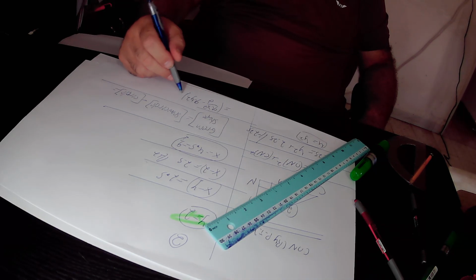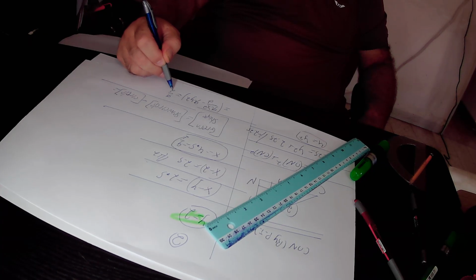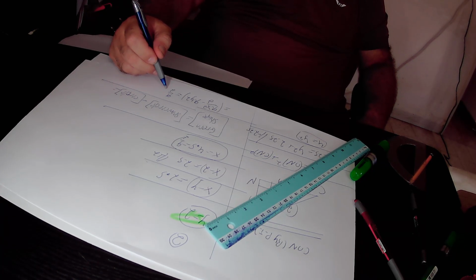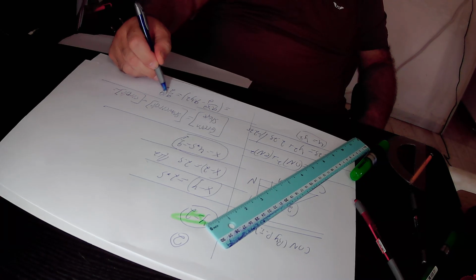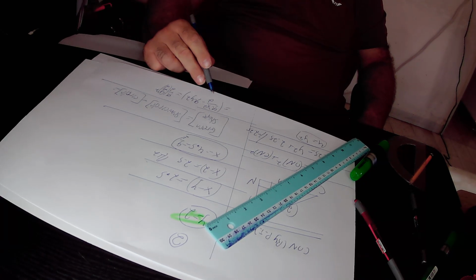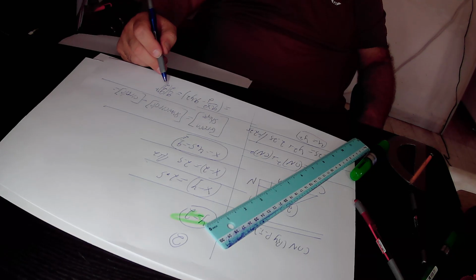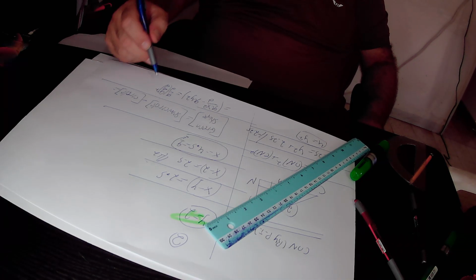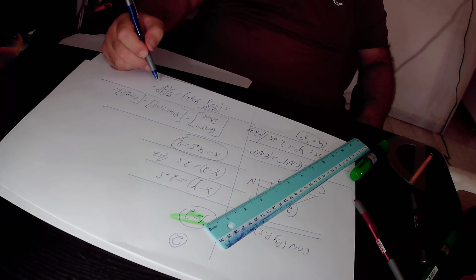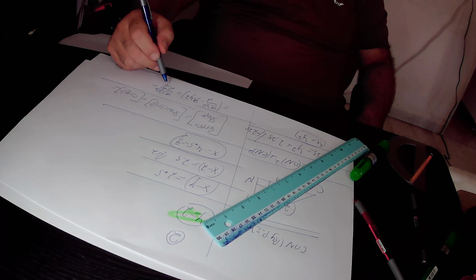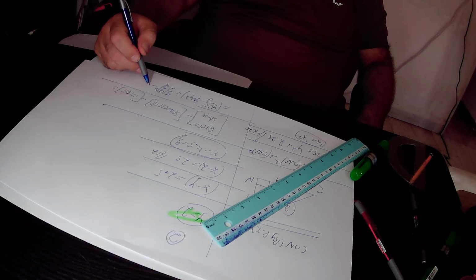pi over 2 times 9 over 2 squared, minus pi y squared. Y is 2, therefore y squared is 2 squared, that is 4, so pi y squared is actually 4 pi.